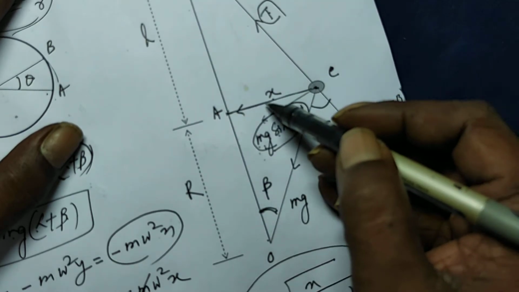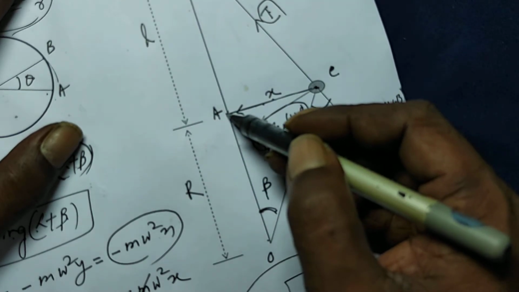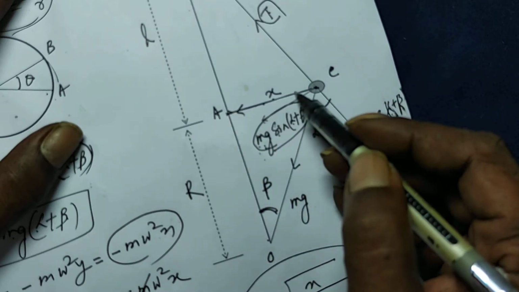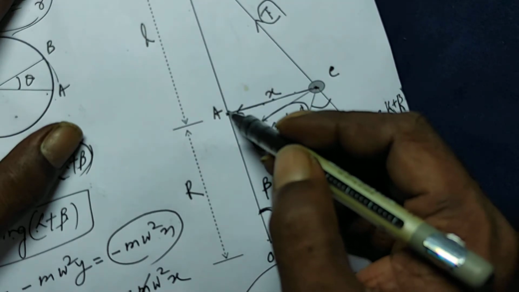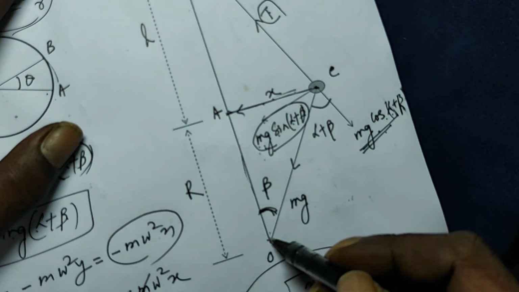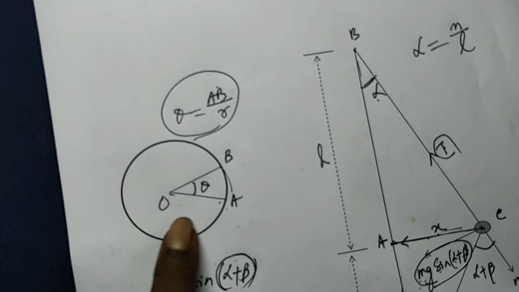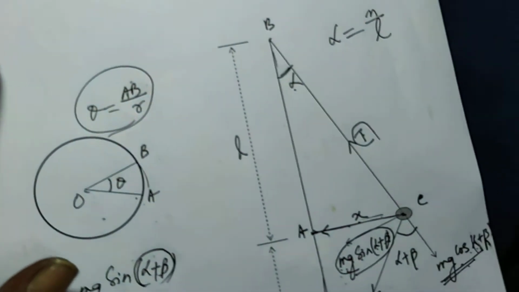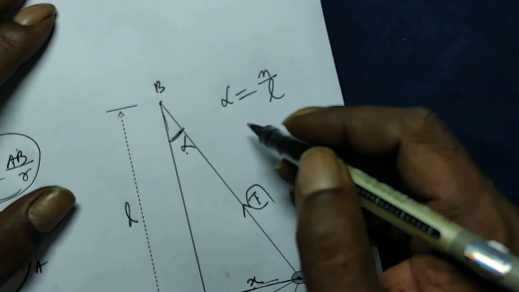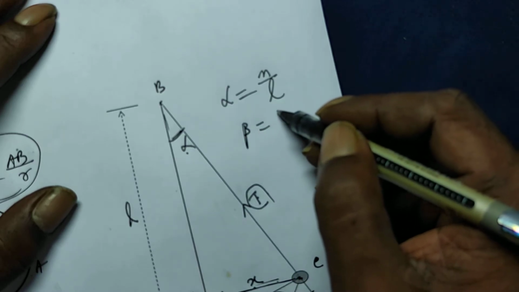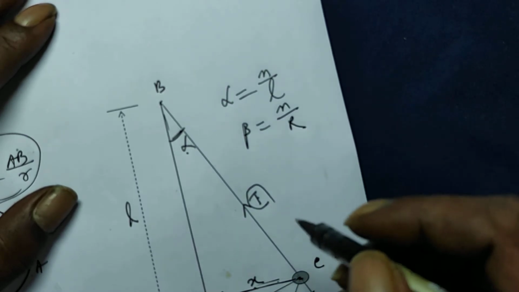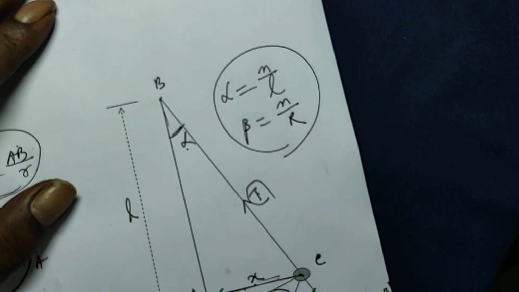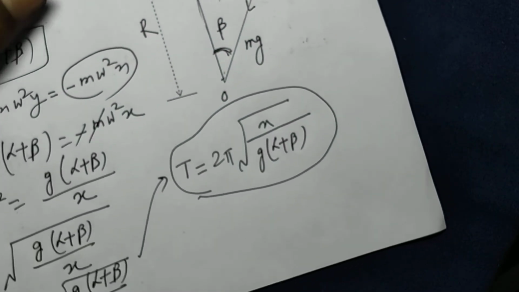If this bob is close to point A, meaning the displacement x is small, then beta can be written as x over r, using the same concept, theta is equal to arc over radius. So your beta can be written as x over r. So these two values I will now substitute here.